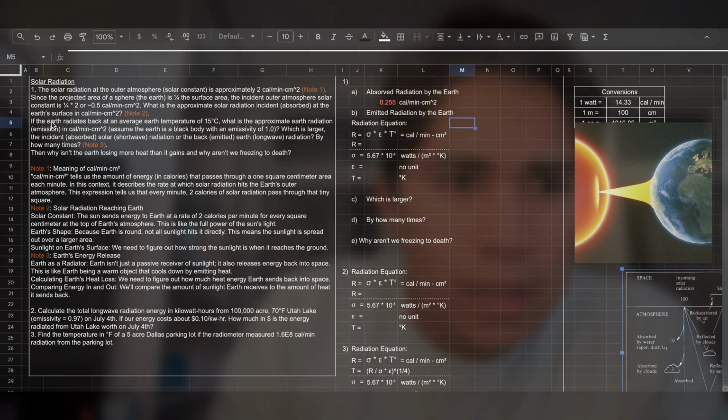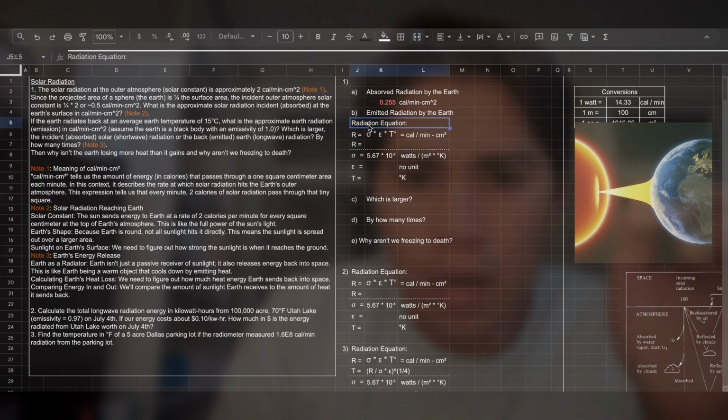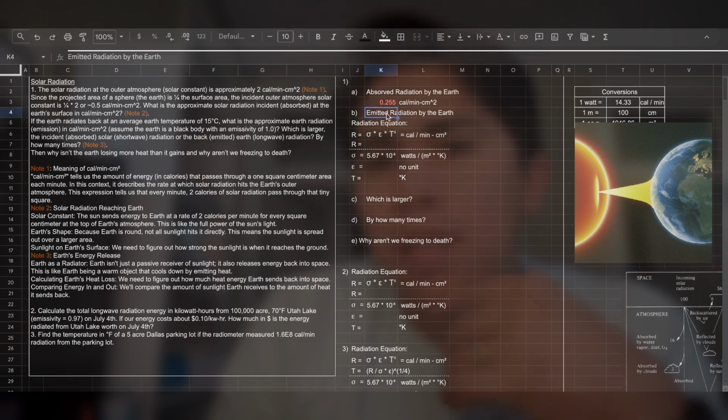Now, part B is asking us if the Earth radiates back at an average Earth temperature of 15 degrees Celsius, what is the approximate Earth radiation in calories per minute square centimeter? Assume the Earth is a black body with an emissivity of 1.0. Okay, so we need to use for this the radiation equation to find out what's the radiation that the Earth emits back.